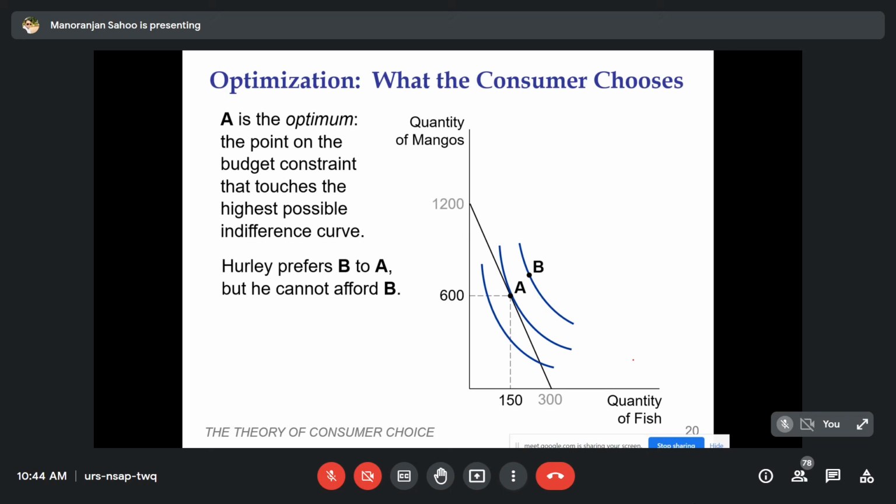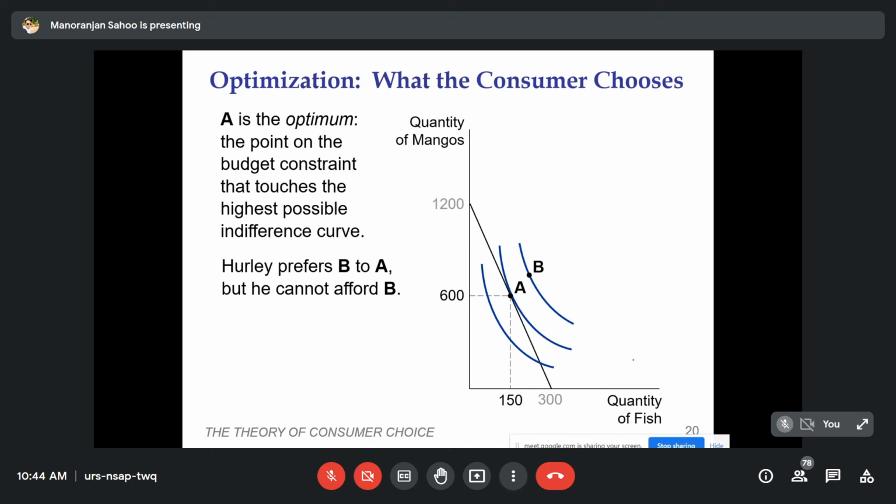That means if the consumer is at point B, he can achieve a higher possible satisfaction because this is upon a higher indifference curve. But whether point B will be considered the equilibrium point given the budget line. Yes or no?